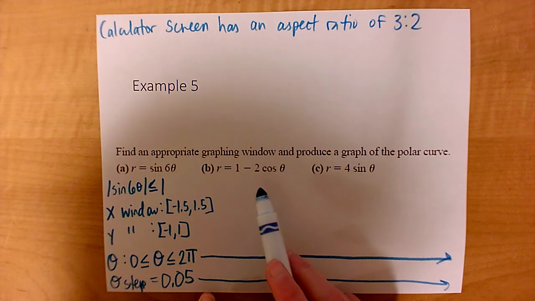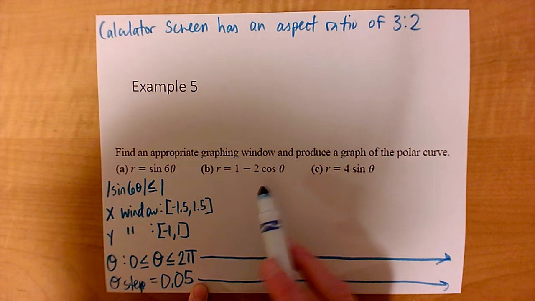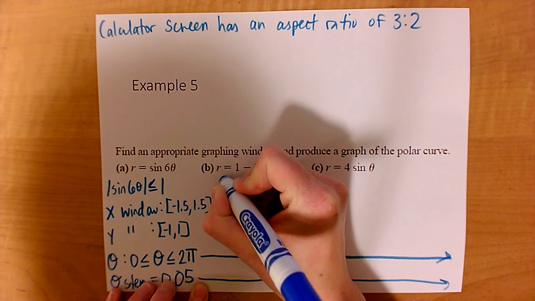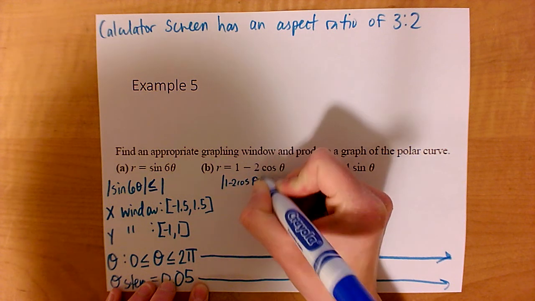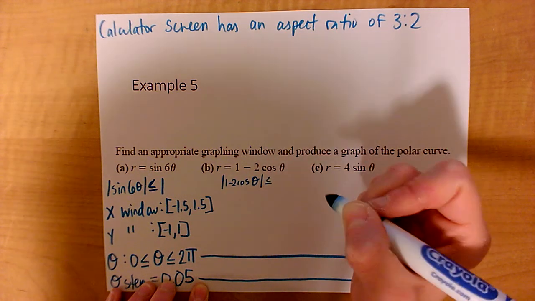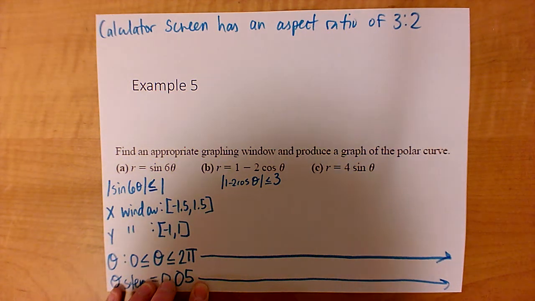Now this next one, 1 minus 2 cosine theta, if you think about this function right here, the absolute value of 1 minus 2 cosine theta is always going to be between 0 and 3. Okay?